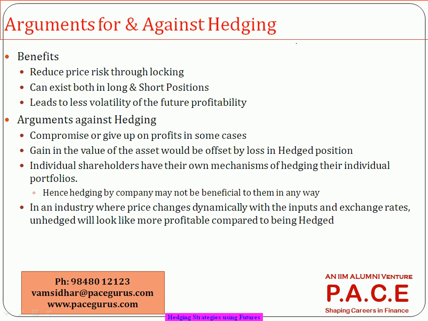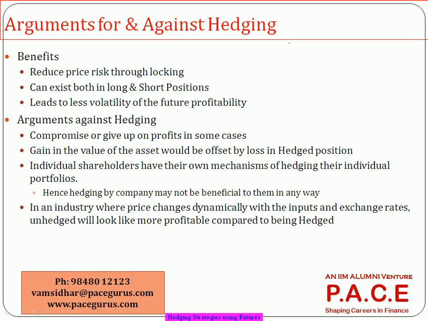So my volatility about the profitability is actually reduced. Otherwise, I may gain very heavily or lose very heavily. But here, gain or loss is very limited. So the uncertainty around the profitability is what is being reduced.